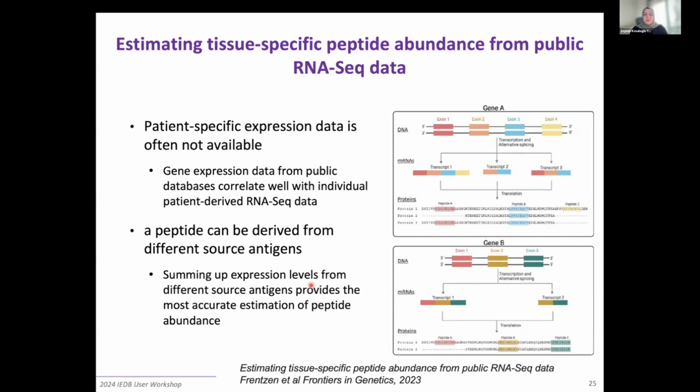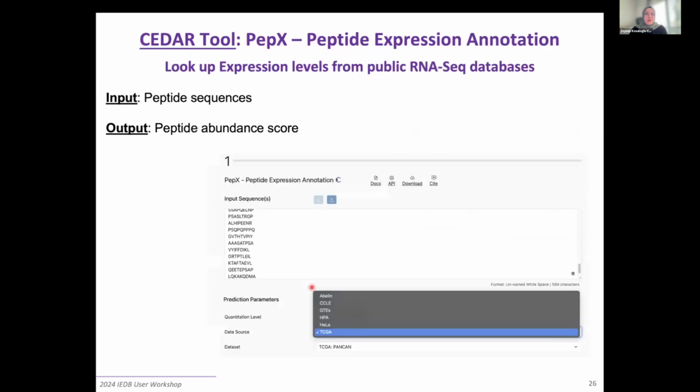So again, we took all these results and put them into a tool and named it PepX, standing for Peptide Expression Annotation. With PepX, users can look up their peptide expression levels from several public databases. The user simply inputs the list of sequences they're interested in, and here we have our list of public databases that we pre-processed and made available.